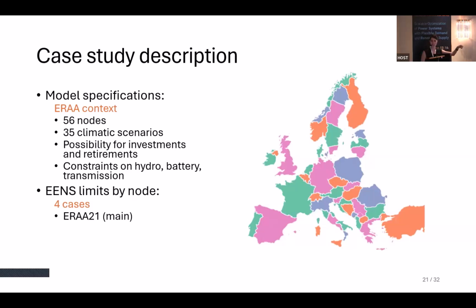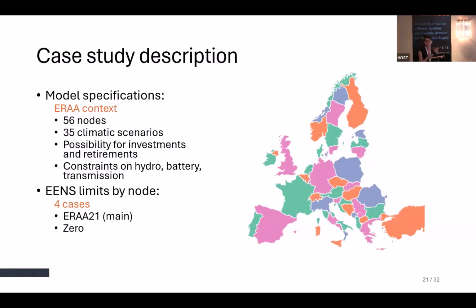So the results of the scenario on EENS are, let's say, coherent with the national targets. So these are the EENS limits that we're imposing in this case. That's why I'm calling it ERA 2021. And actually, this process of adding capacity in order to reach the targets resembles a lot our feasibility recovery that I showed you before.